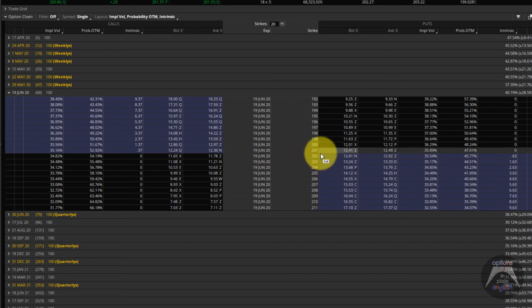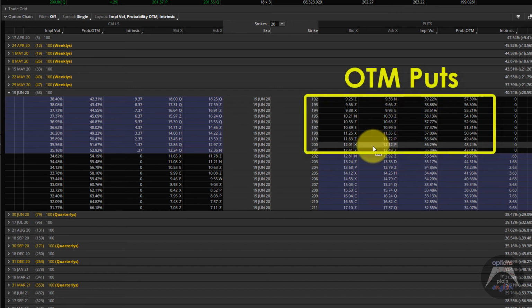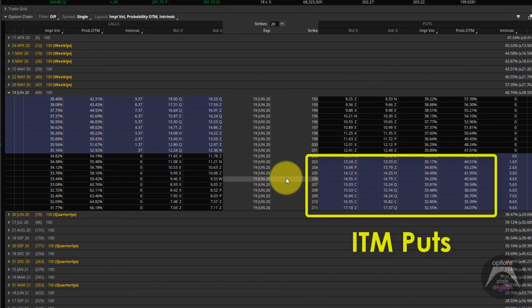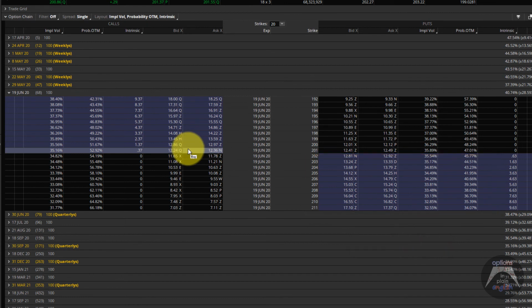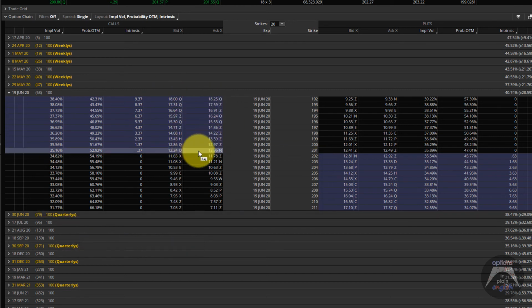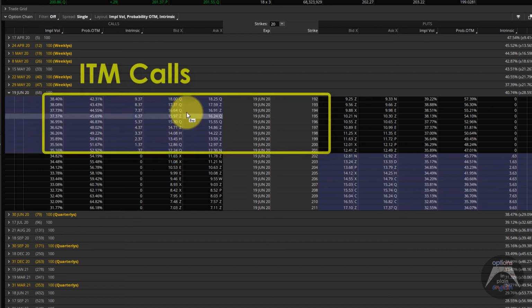So basically anything from this point and higher, which is lower in price, these would be the out of the money puts, and anything above 201 would be considered the in the money puts. Likewise, if we go to the 201 call, anything above the 201 would be considered an out of the money call, and anything below 201 in price, which in this arrangement is anything from this point and higher, would be considered an in the money call.